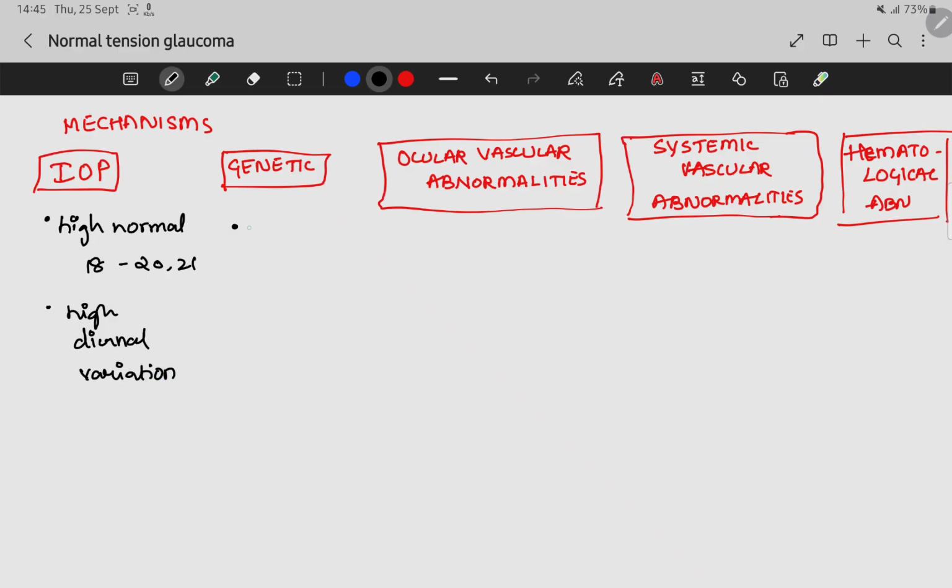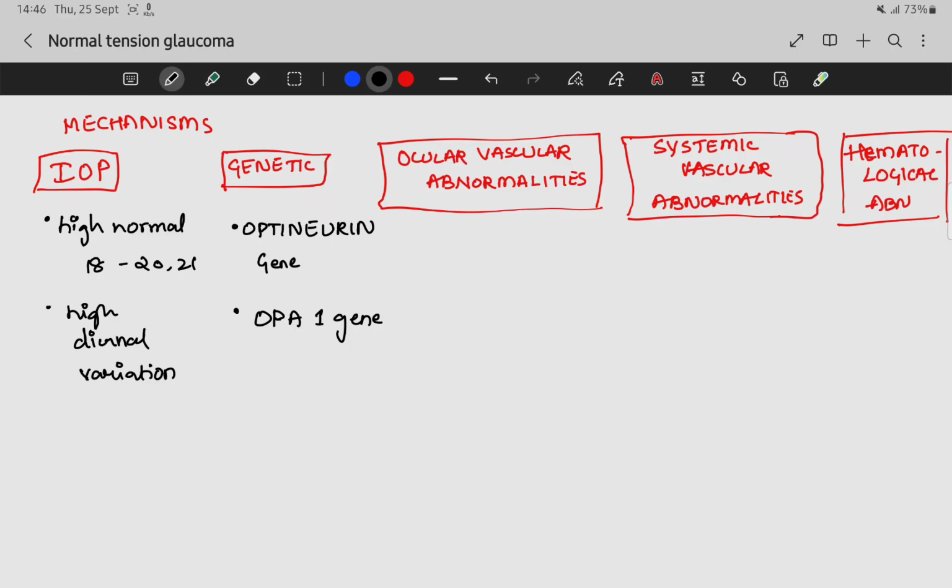In the genetic we have optineurin gene mutation and OPA1 gene mutation, which is also seen in dominant optic atrophy.